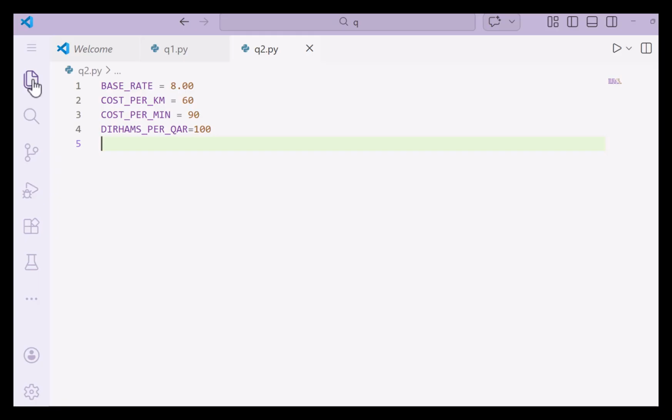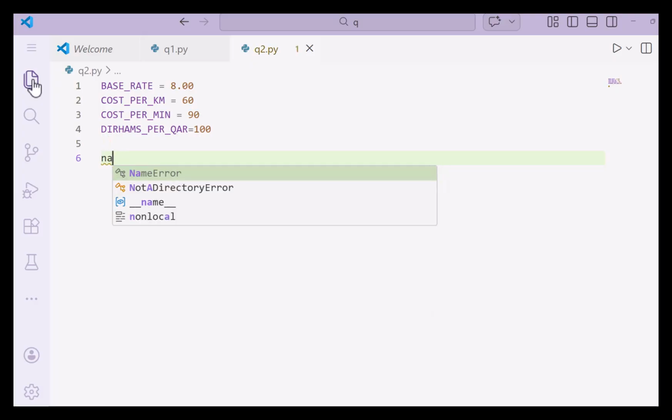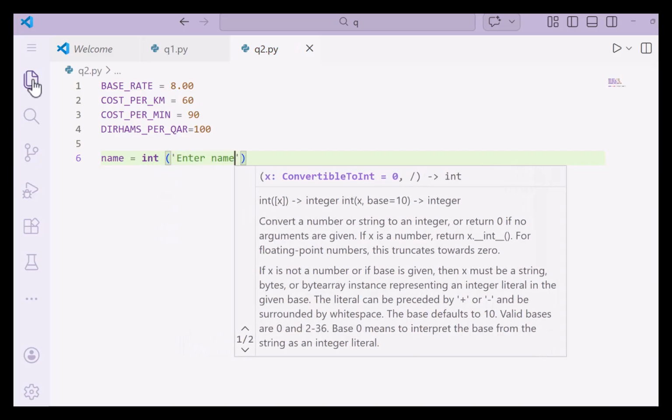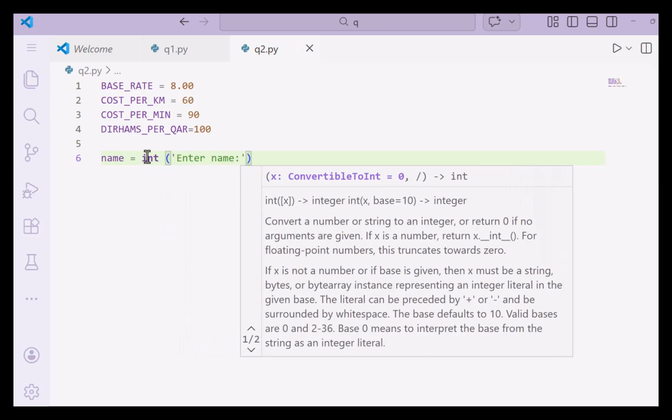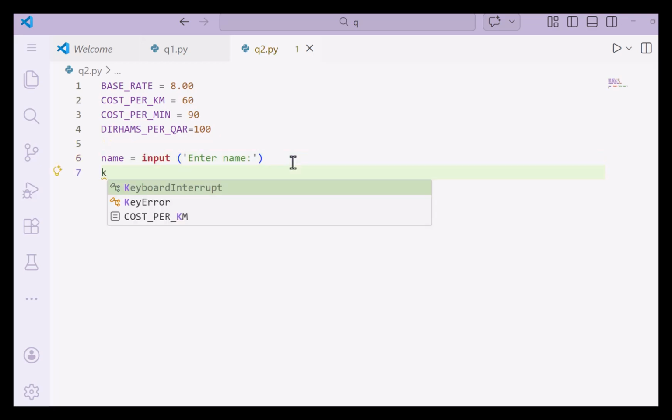Okay, our input is name and number of kilometers and waiting minutes. Name is a string, usually. Okay, name is equal input, enter name. And then we need to take kilometers, which I believe usually a float.